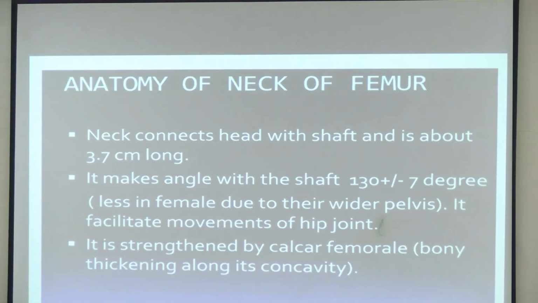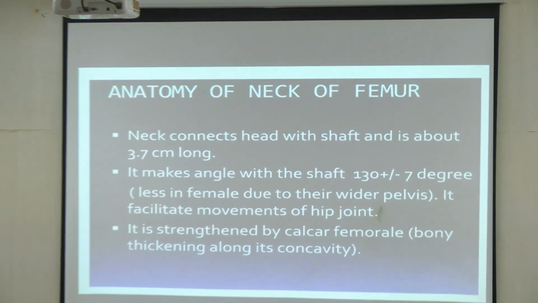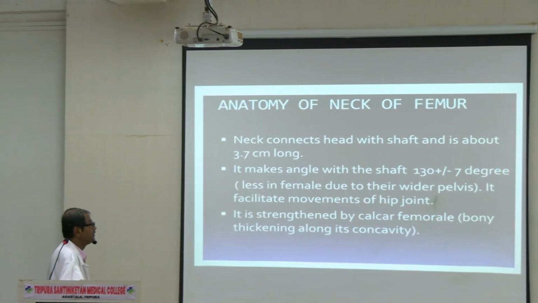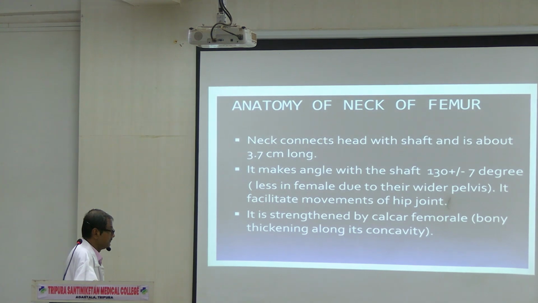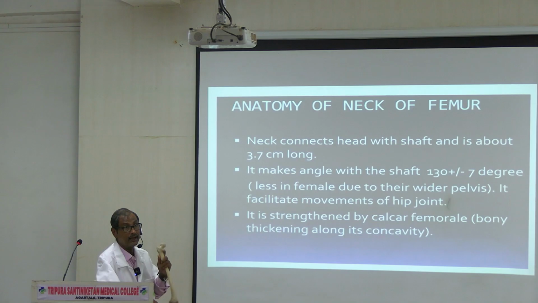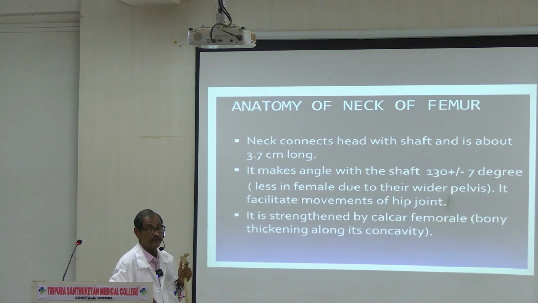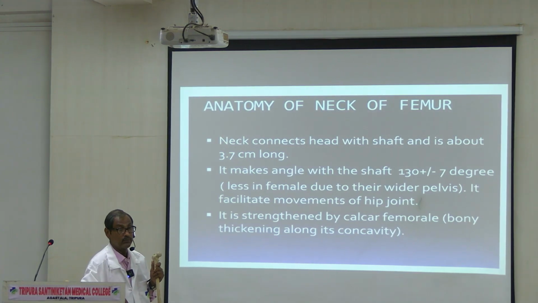So the angle is written as 130, but it may be 127 also, plus minus 10, meaning 125 to 135. When the angle is less, it is called varus. When the angle is more, it is called valgus.